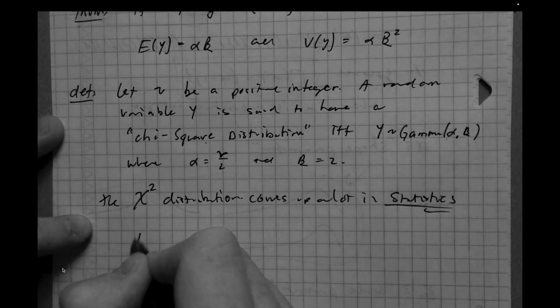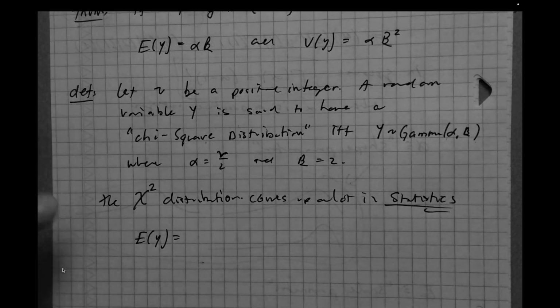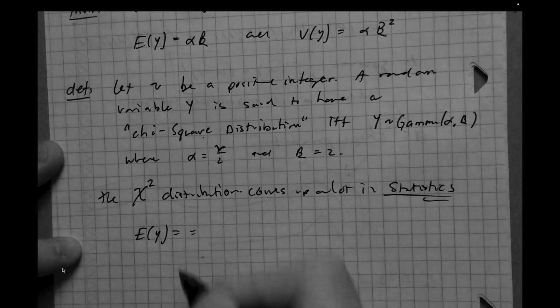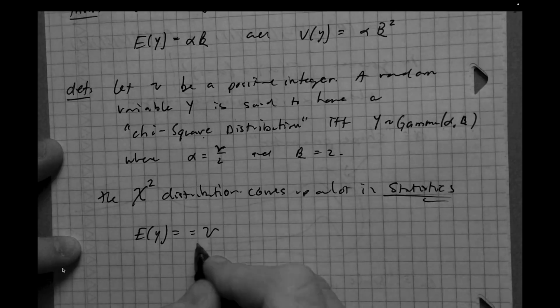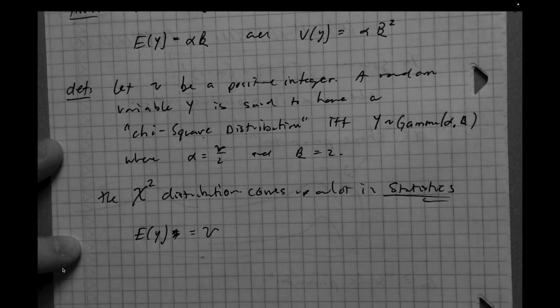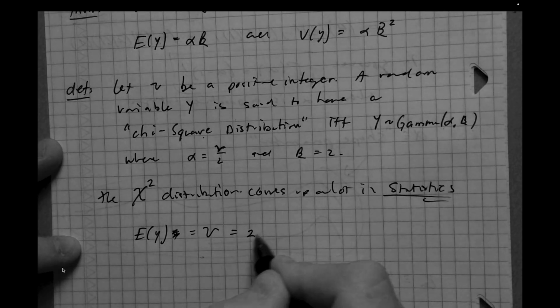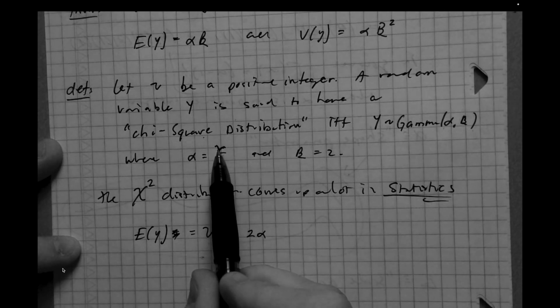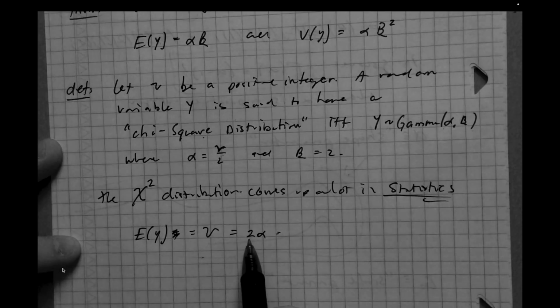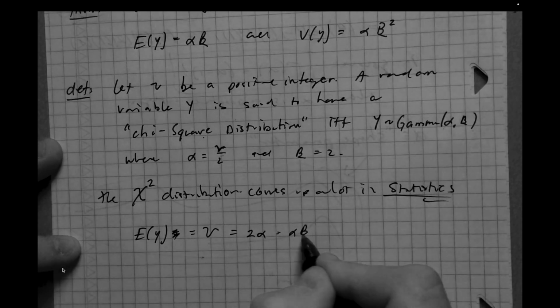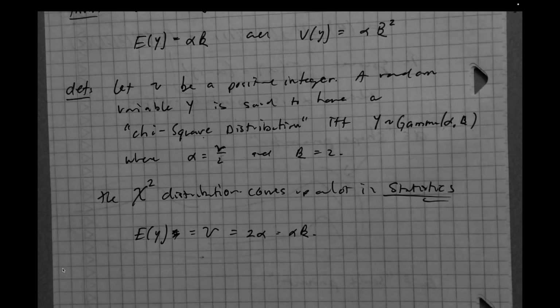The expected value of the chi-square distribution is equal to nu. Oops, I wrote 2 equals there. Okay. Which we know is equal to twice alpha, right? Alpha is nu over 2, so just doing a little algebra there, nu would be 2 times alpha. And of course, beta is equal to 2, so this aligns with the expected value of a gamma distribution, in that it's alpha times beta.